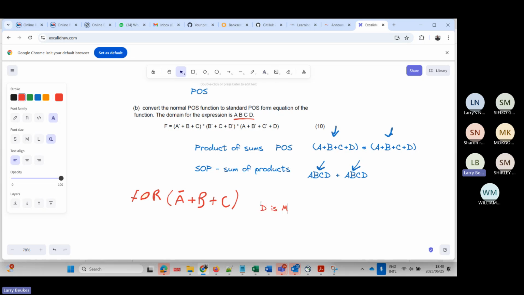So the D that's missing can either be D or D naught, right? Remember, we don't know what D is. So we can say this is equal to A naught plus B plus C plus D, for the first term.